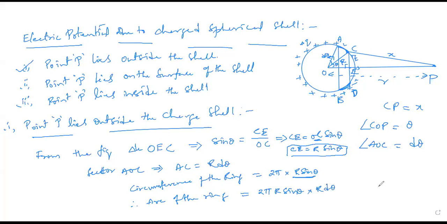It's not a sphere or any solid spherical stuff. We are working with a ring. So the area of the ring will be 2 pi R sine theta into R d theta, which is 2 pi R square sine theta d theta.